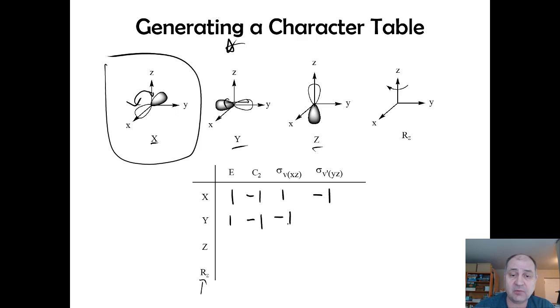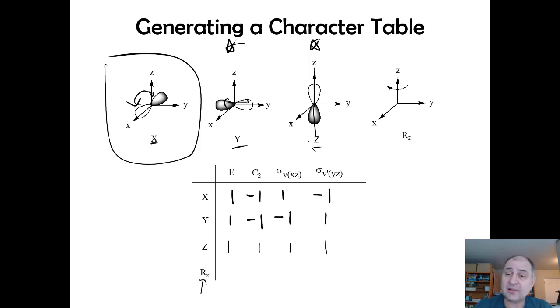So here we get a -1, and then this one is going to be +1. If we do the same thing for the Z-axis, we get a +1, a +1, a +1, and a +1, right? Because it is along the Z-axis, we rotate, a positive stays positive, and same with those 2 mirror planes, and so this is completely symmetrical.